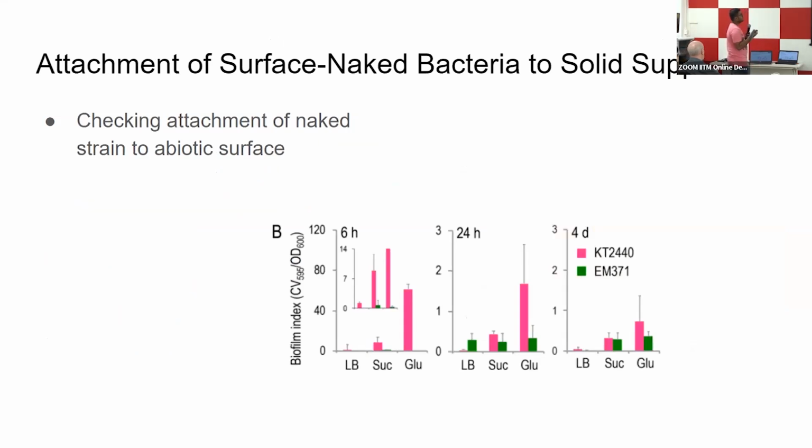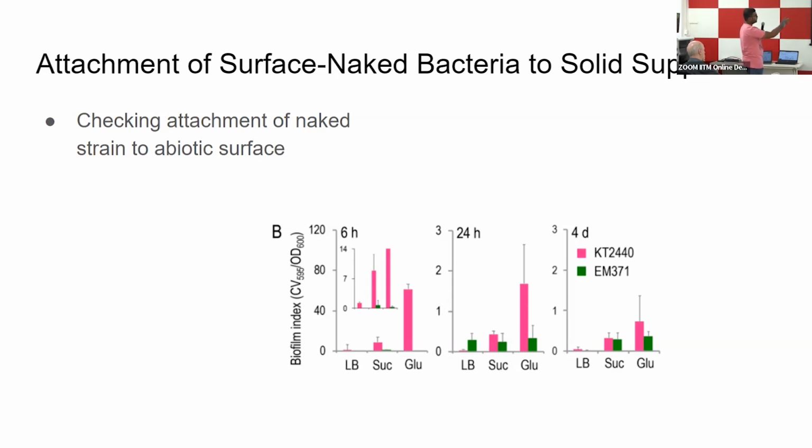Attachment of surface naked bacteria to solid supports. So after all these tests, they wanted to check if the modified strain is able to attach to any abiotic, that is non-living surface. So they checked for different conditions such as LB, sucrose and glucose. LB is a rich medium. These are the growth mediums, and they checked for different time intervals such as 6 hours, 24 hours and 4 days.